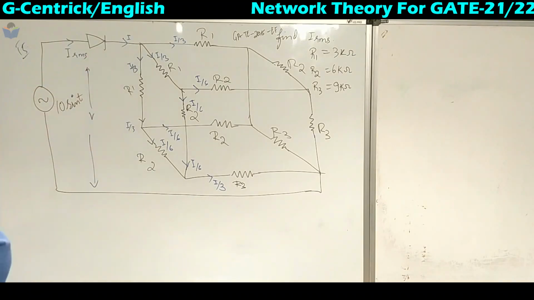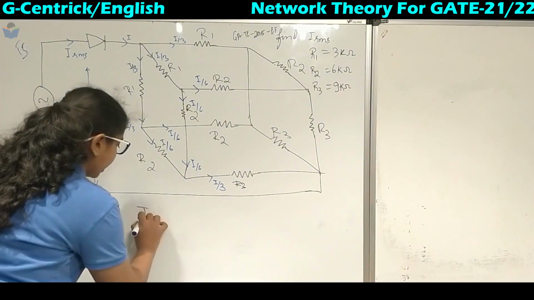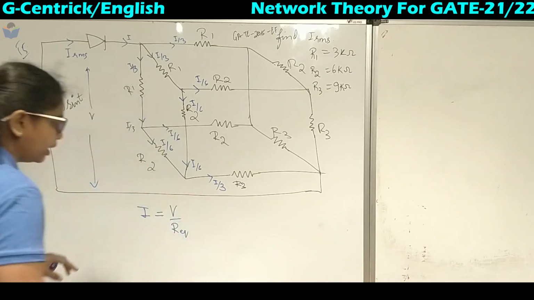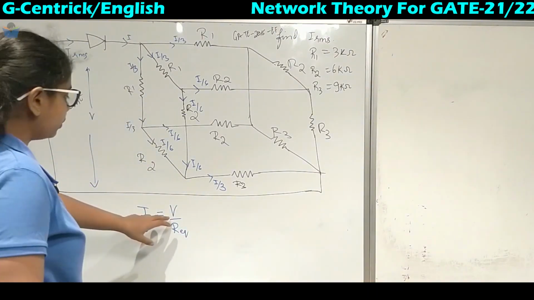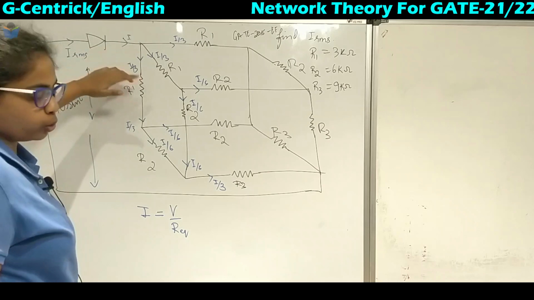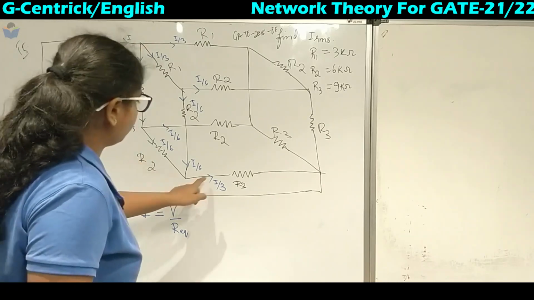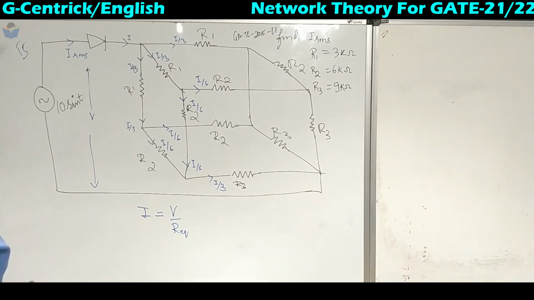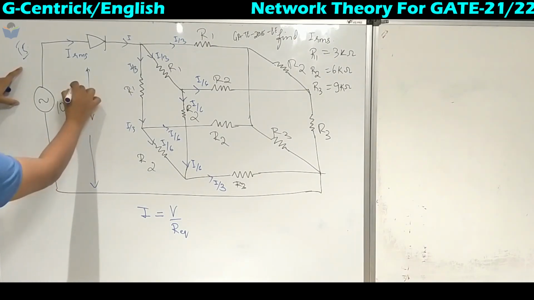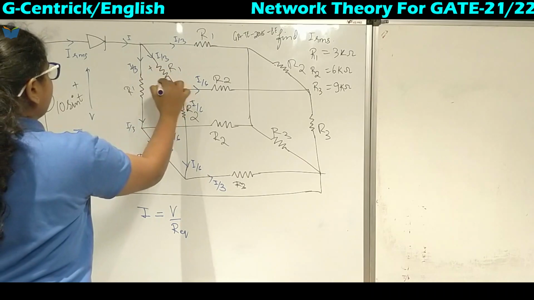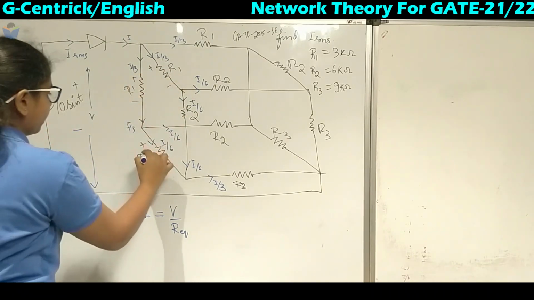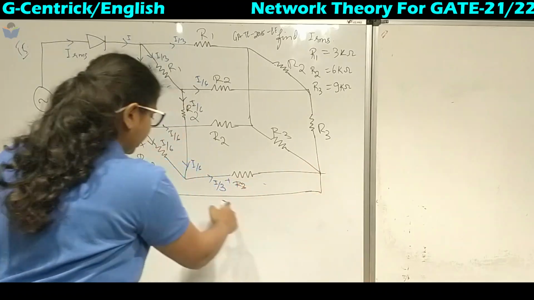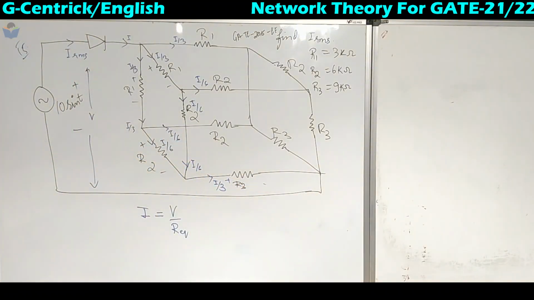Now what I need is the total current I, which is given by V over R equivalent. Now if I choose a loop, this path, I will move into KVL. Here it is plus minus polarity. I'll move around the KVL in the outer loop.